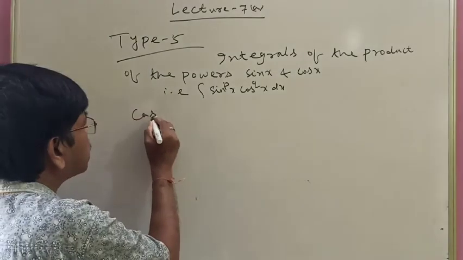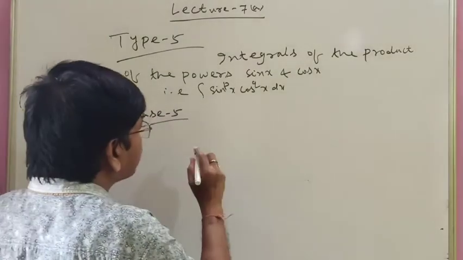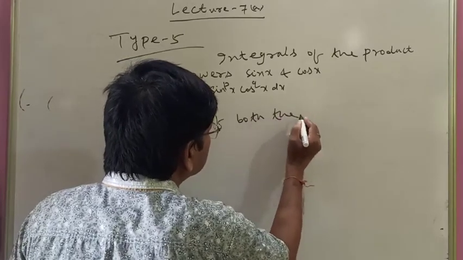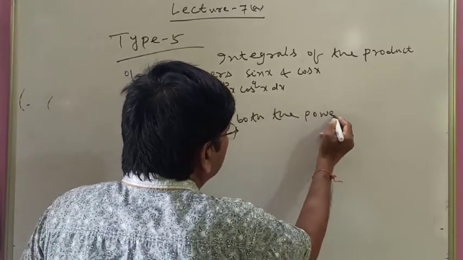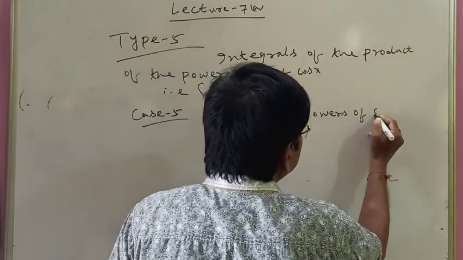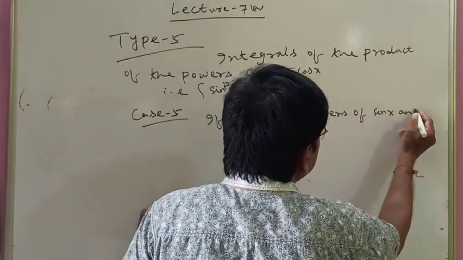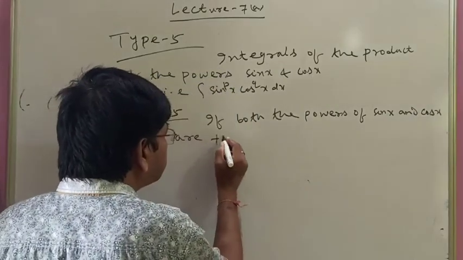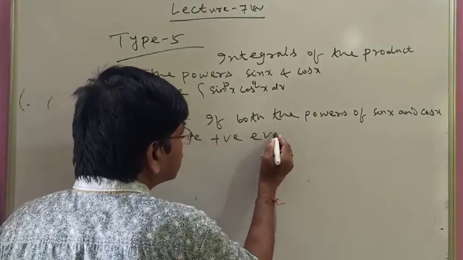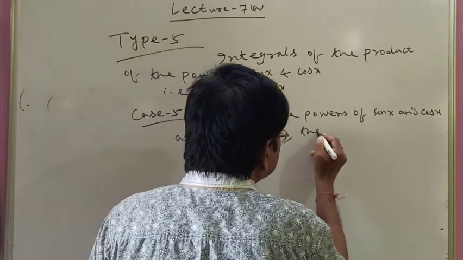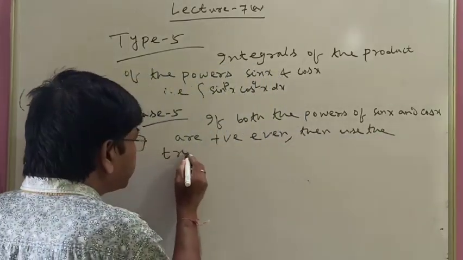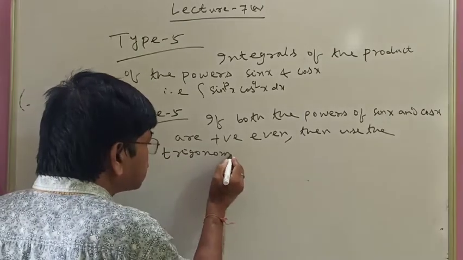Next, write case 5. Case 5: if both the powers of sin x and cos x are positive even, then use the trigonometric formula.